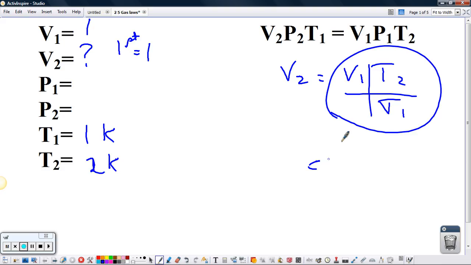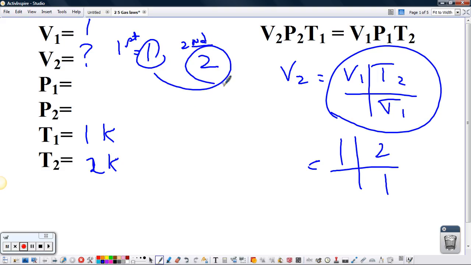So now I have 1, and, excuse me, go back and start over. 1, and I have a 2 for T2. I don't even have to worry about units here. You just ask if it's doubled or tripled or halved or whatever. So now the second volume is 2. So what happens between the first and the second volume? It doubles.